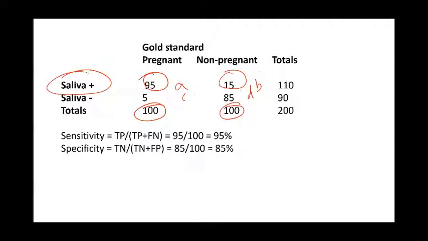So sensitivity is, out of the total pregnant patients, the number shown positive by the test. Total pregnant are 100, out of which 95 were shown to be pregnant. So it is 95%. And specificity, we see the total negative shown by the test, 85, by the total number of patients who are not pregnant. So 85%. So the sensitivity and specificity of the test are 95% and 85% respectively.